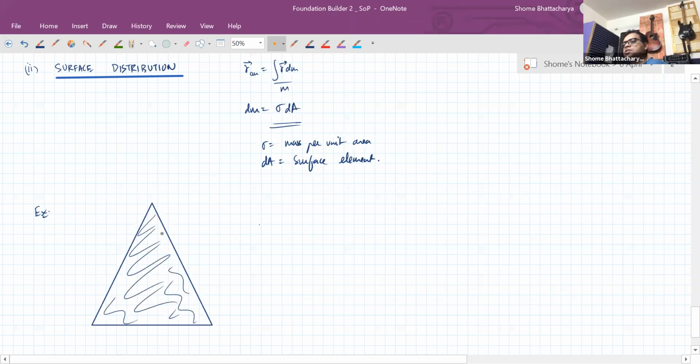So this is an isosceles triangle shaped thin surface, like a triangular plate. Let's say these two lengths are L each, the base is B, and the total mass is M.